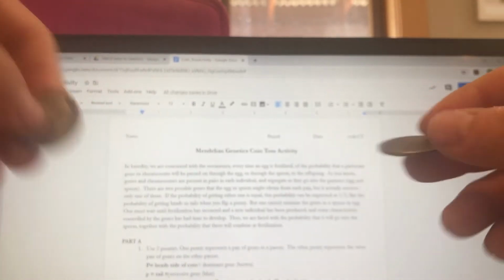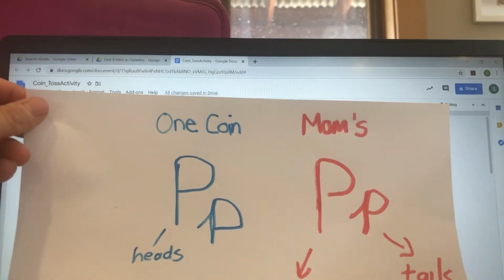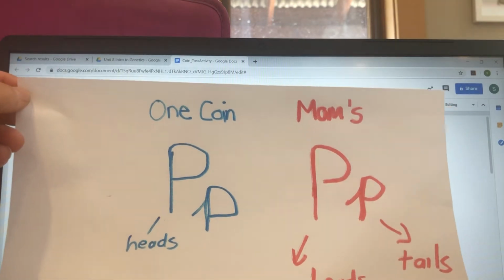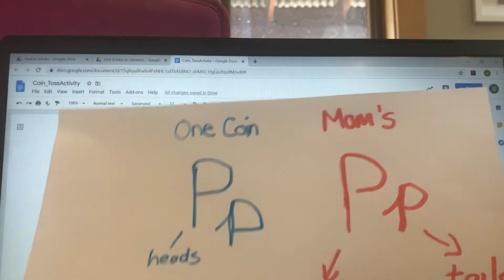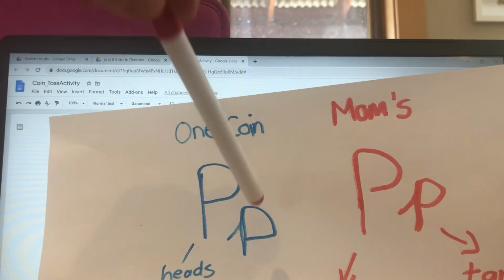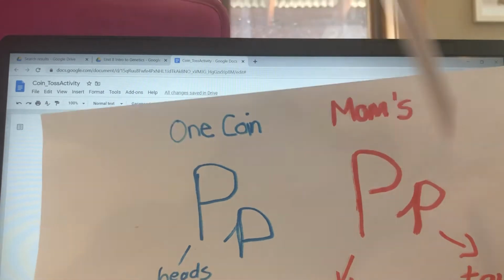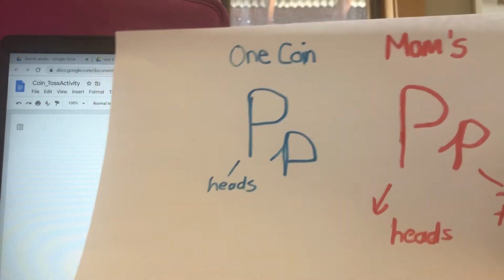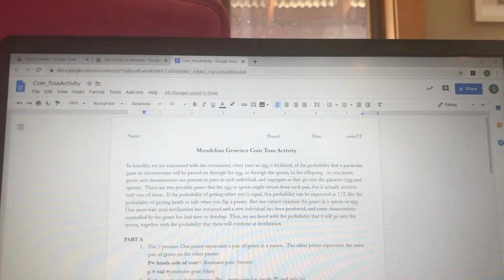Both mom and dad have genotypes that look like this: big P, little p, and big P, little p. Mom's is in red and dad's is in blue. Every coin has a big P and a little p, and both parents are heterozygotes.